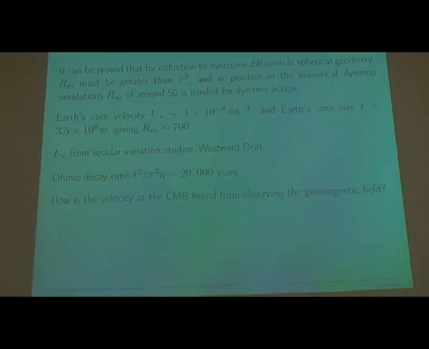Perhaps the most important distinction between planetary dynamo theory and all the other dynamo theories that you'll be hearing about in this winter dynamo school is that in planets, Rm is not huge.